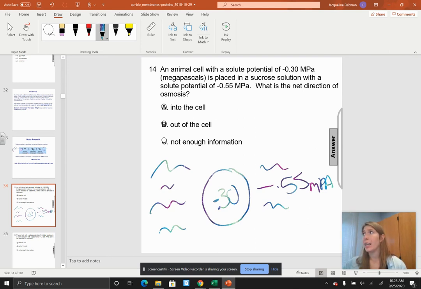Take a second and think about it. Is it going to move towards the cell, away from the cell, or is there not enough information? I can tell you right now, that's not an answer. The water is going to move where there is more solute. It's going to move outside of the cell because 0.55 is greater than 0.30.